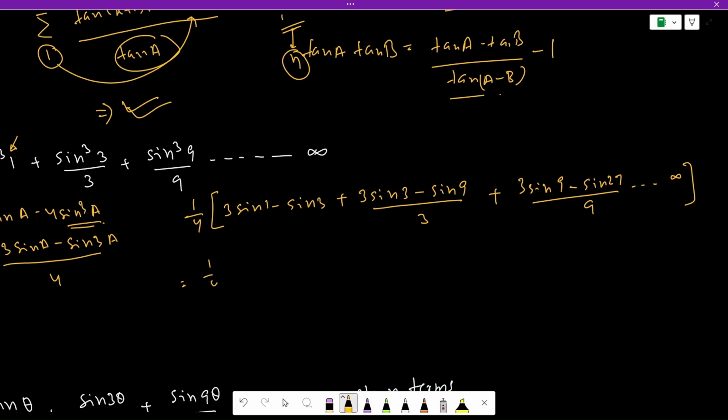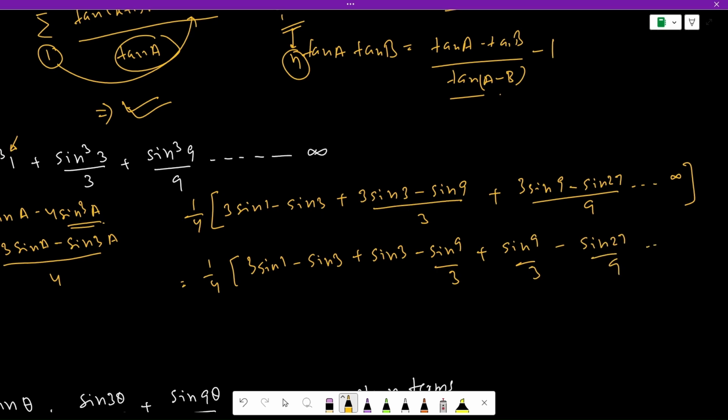So this becomes 1 by 4, 3 sine 1 minus sine 3 plus sine 3 minus sine 9 by 3 plus sine 9 by 3 minus sine 27 by 9, and so on up to infinity.